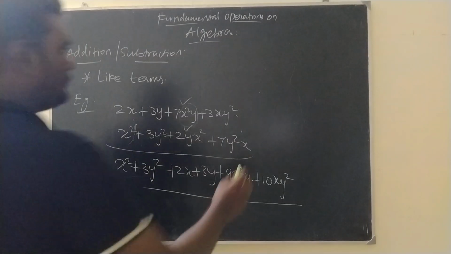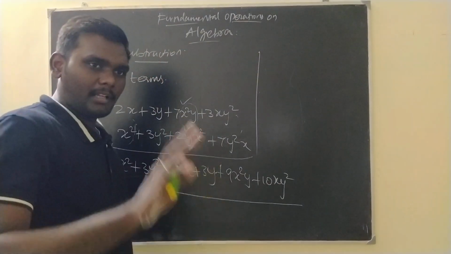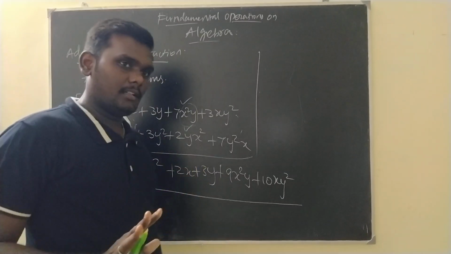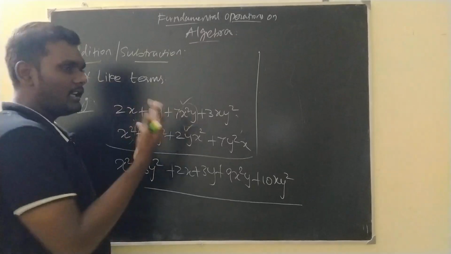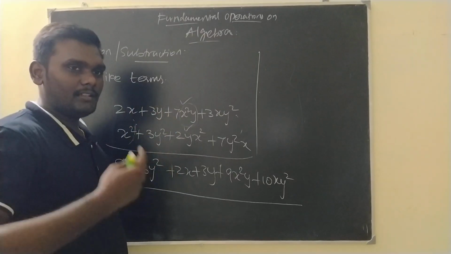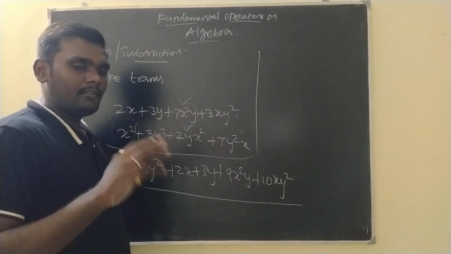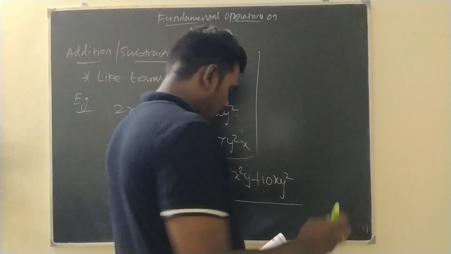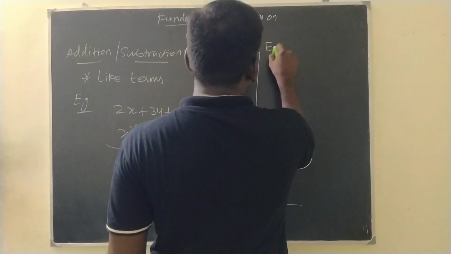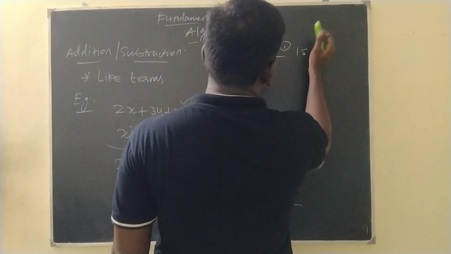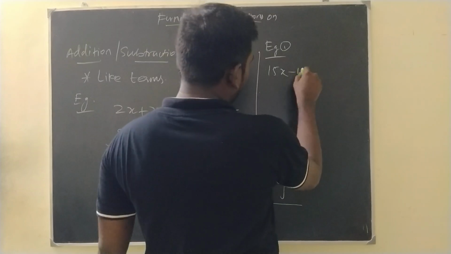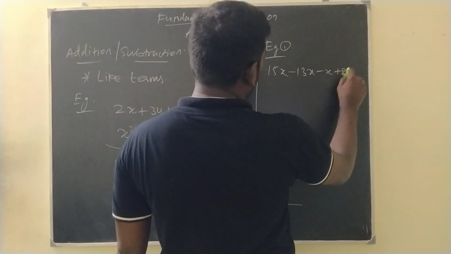I'll give you one simple example. Try to work it out. Subtraction also is in the same manner, but here we need to change the sign of the term which we are subtracting. For that we need to change the sign. Now take this example: 15x minus 13x minus x plus 8x.